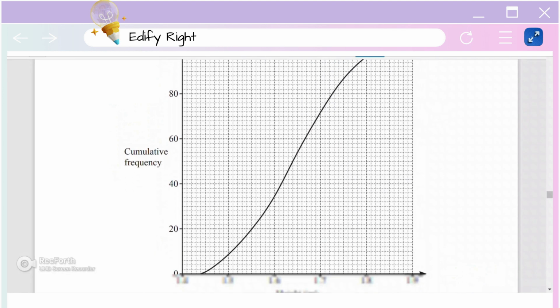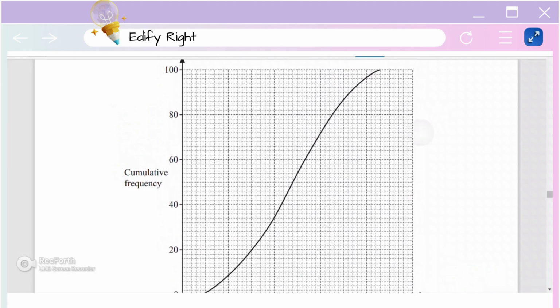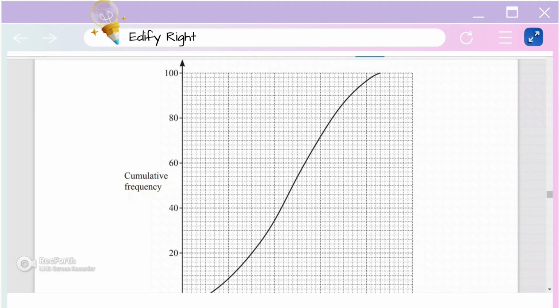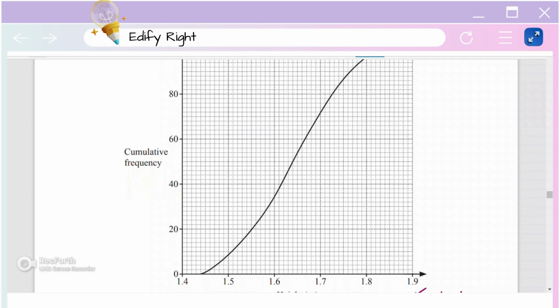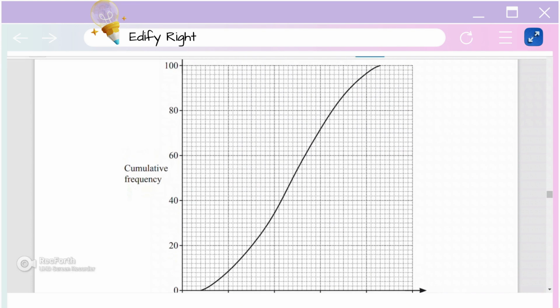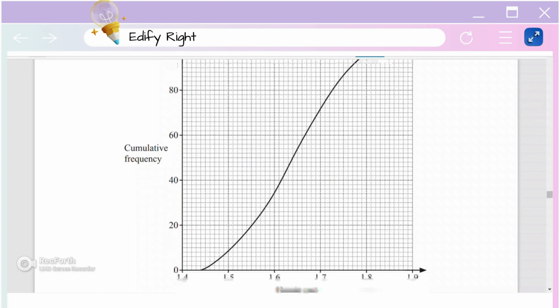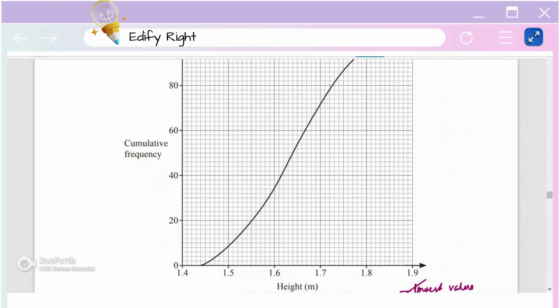So here, as you can see, we have the cumulative frequency ranging from 0 to 100 on the y-axis. Now, the first thing that you do is split this 0 to 100 part into quartiles, which means basically in chunks of 25. So let's do that here. So this is where 25 probably lies.